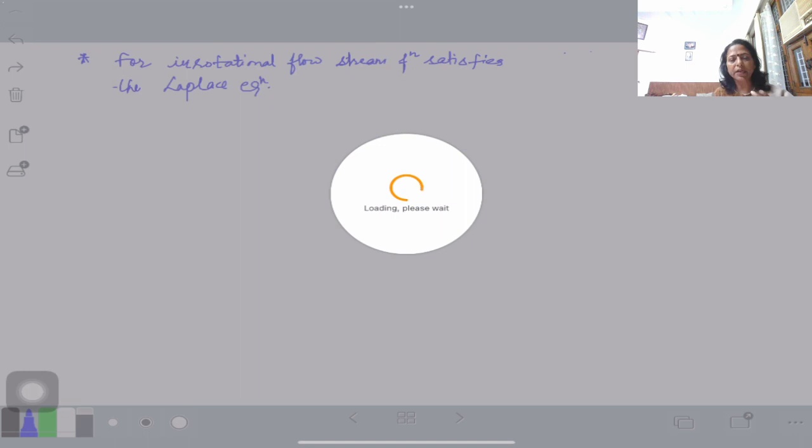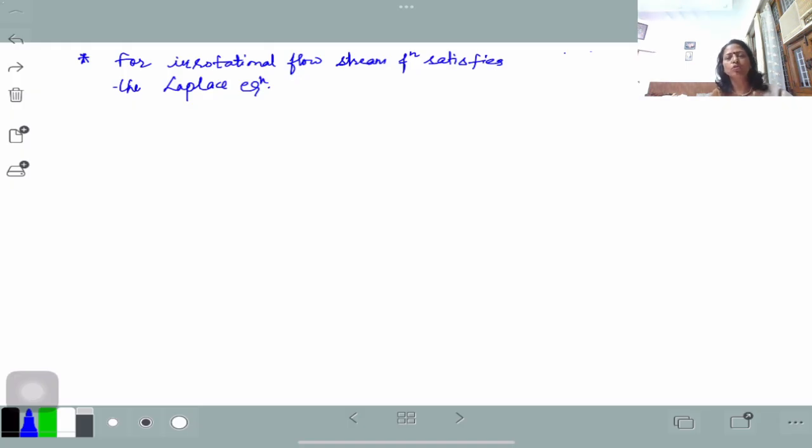It simply means that stream function exists for both rotational as well as irrotational flow, which is a very important property, because in the coming lectures you will be introduced to the potential function, which exists for some particular types of flows. But stream function exists for incompressible flows, whether the flow is rotational or irrotational.